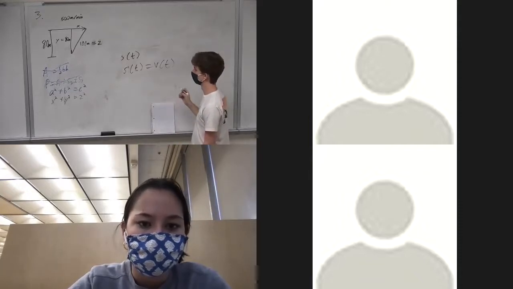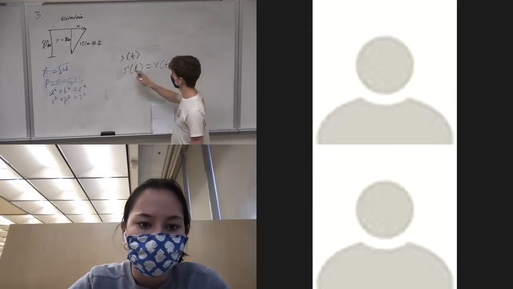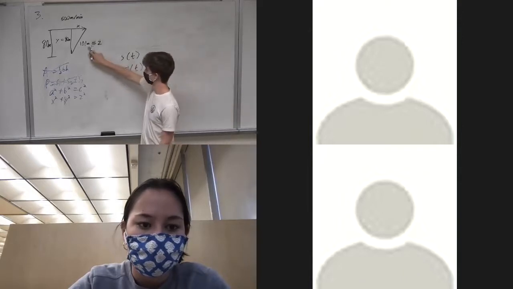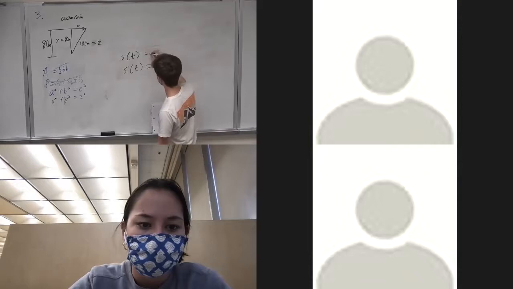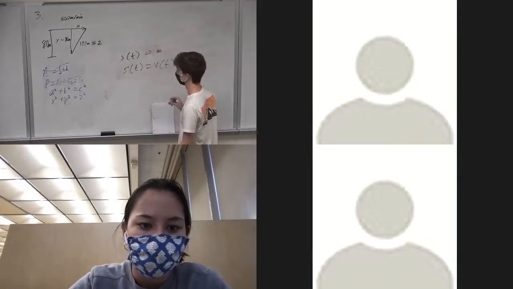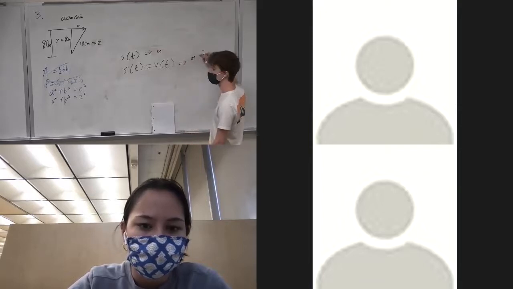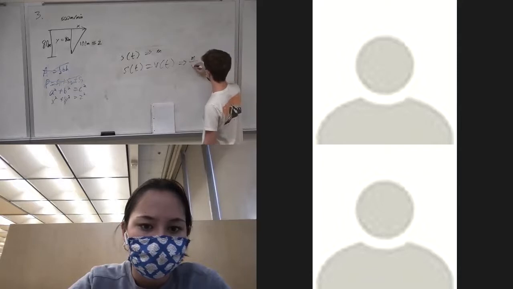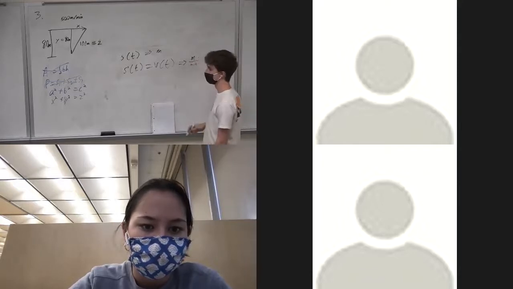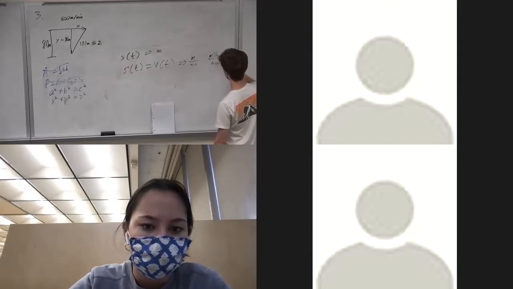So in this case, we have a position in meters, so we're working with meters. And then velocity is usually some distance over time. So in this case, we have minutes. This could also be miles per hour, or meters per second, however you want to write it.